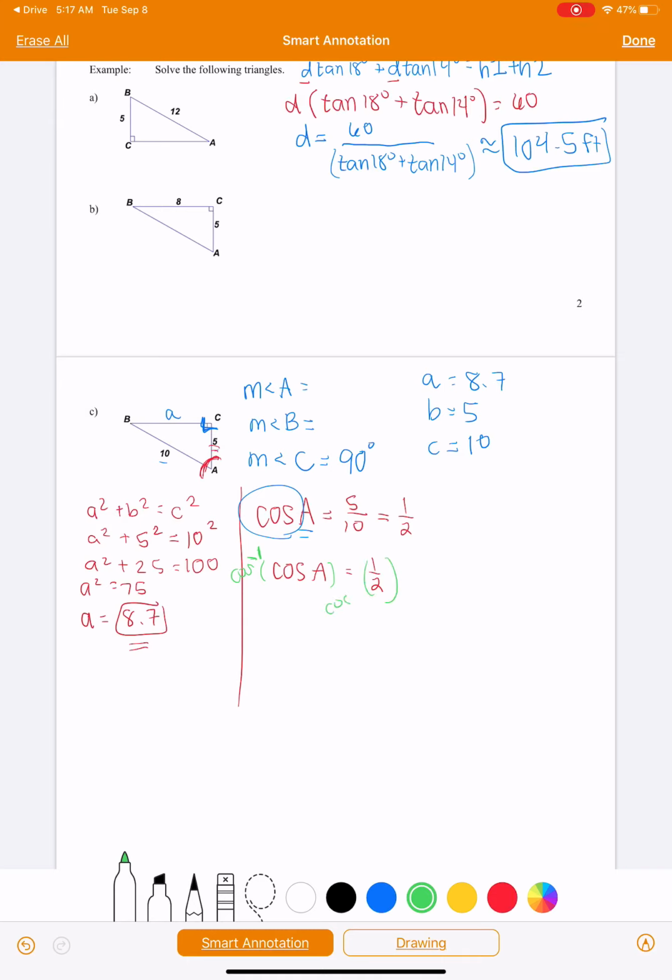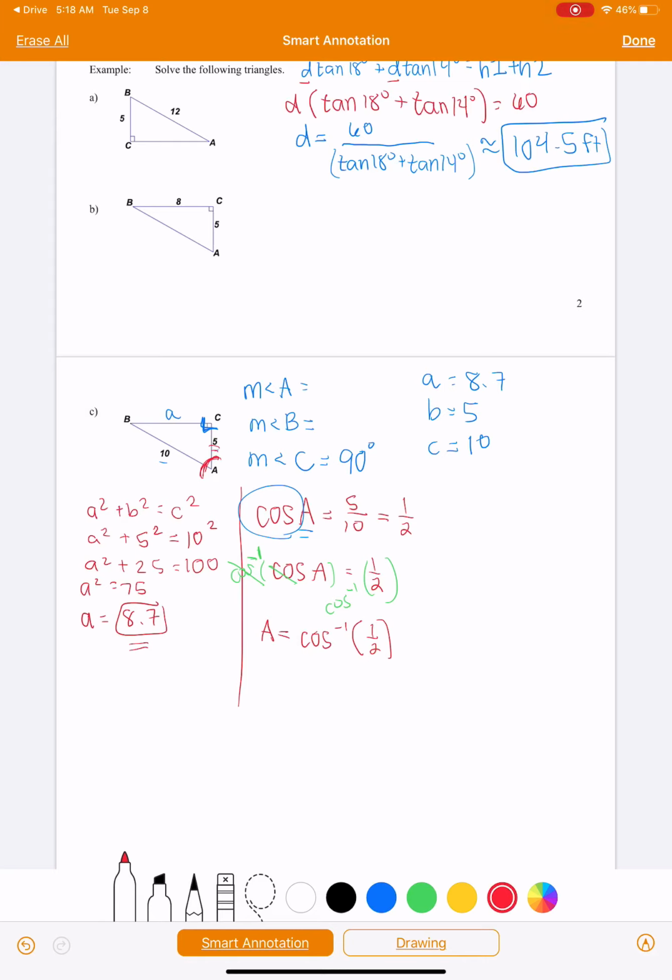So I'm also going to multiply by the inverse of cosine on the right-hand side. All right, well, on the left-hand side, cosine times the inverse of cosine, those cancel each other out. Okay, they're opposites of one another. All right, so then we're just left with A on the left-hand side. And on the right-hand side, we have the inverse of cosine of 1/2.